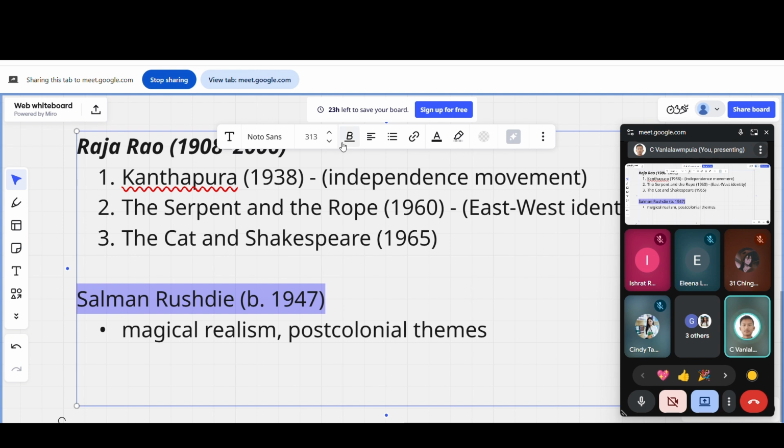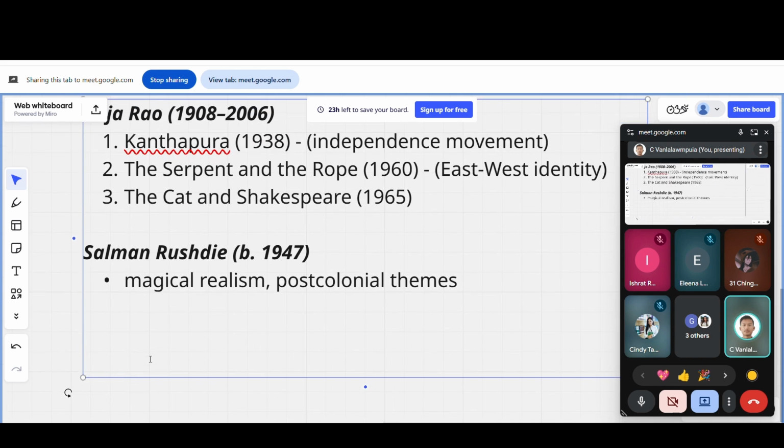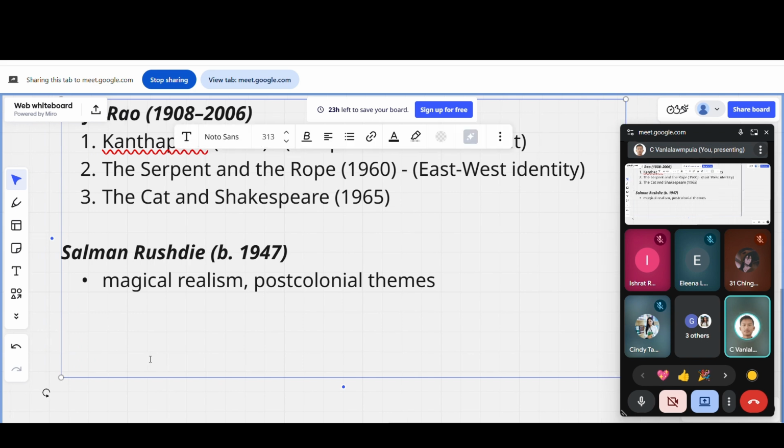Number 1 obviously is Midnight Children, right? Midnight Children is so popular. It won Best of the Booker, okay? Booker Award or Booker Prize. I think everyone knows, as a literature student, it's a literary award based in the UK, okay? Every year they used to award. Even this year, an Indian writer won it.